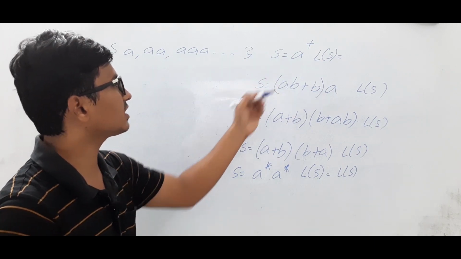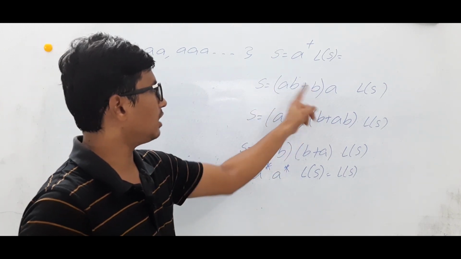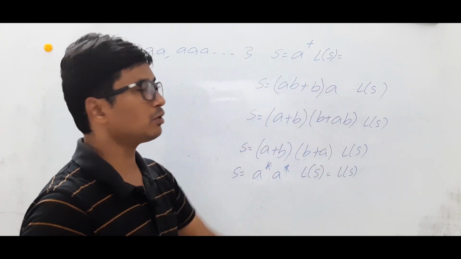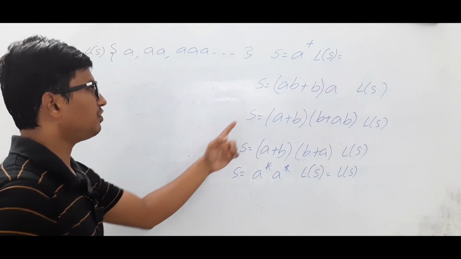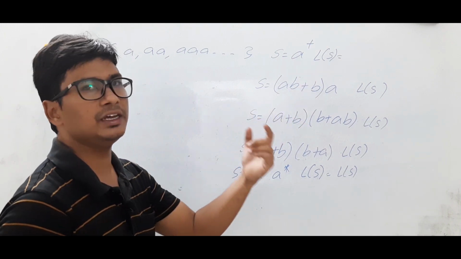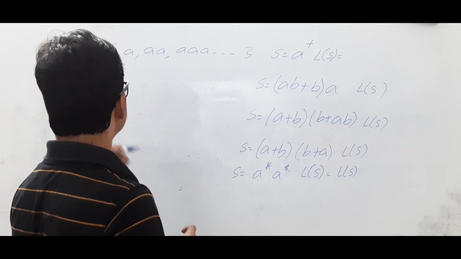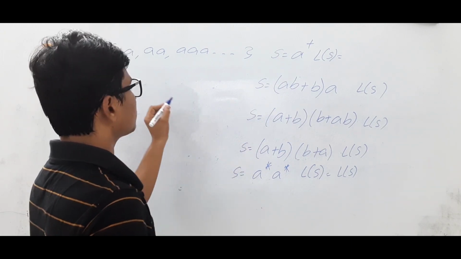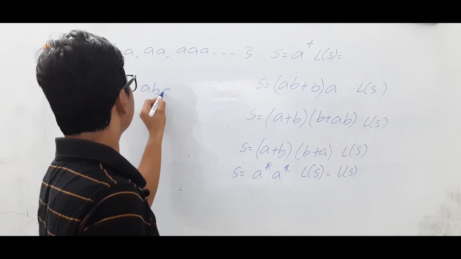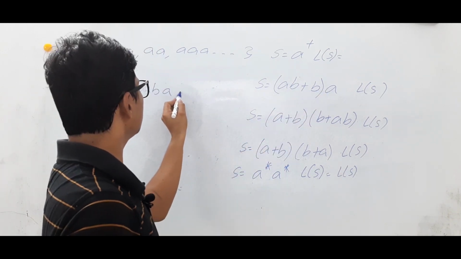Now we will see the next kind of question. You have ab as one string and b as another string. You have combined them using the union operator and you want to perform the concatenation. Like in mathematics, where we write (a+b)(a) as a square b, here we should not write it that way. We get strings: ab concatenated with a gives aba, one string, and b concatenated with a gives ba.